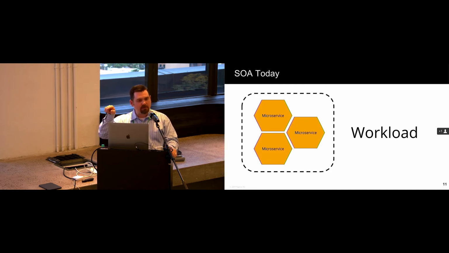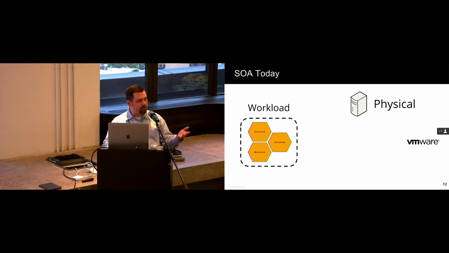We have this concept of a workload, right? So these microservices can share a network space, and they operate as a unit when talking on the network. So for example, if I had multiple microservices in this workload and they all wanted to talk on the network, they would have to talk on different ports, right? Because there would be port collisions if they all wanted to be a web service and be on port 80. So a workload basically can be implemented as, if you just want to do a bare bones OS, right?